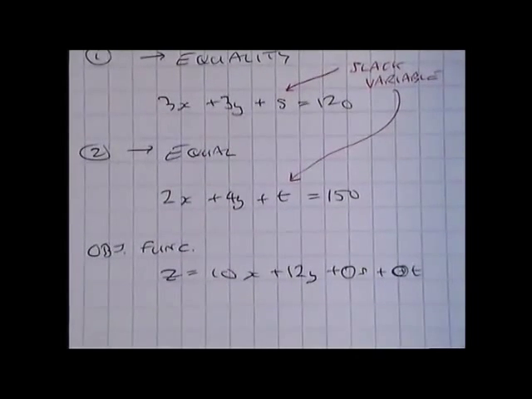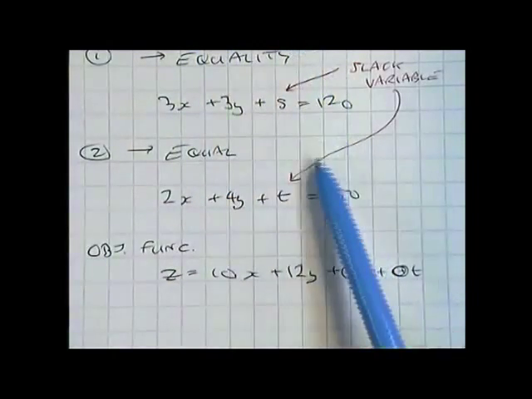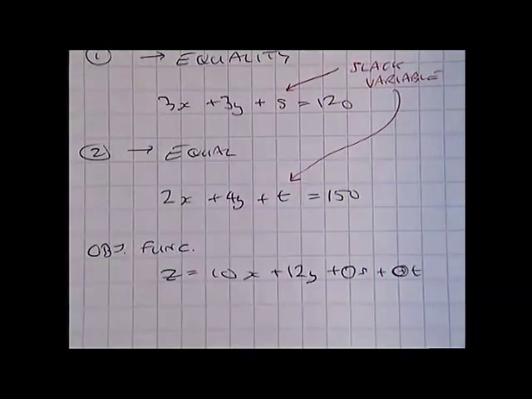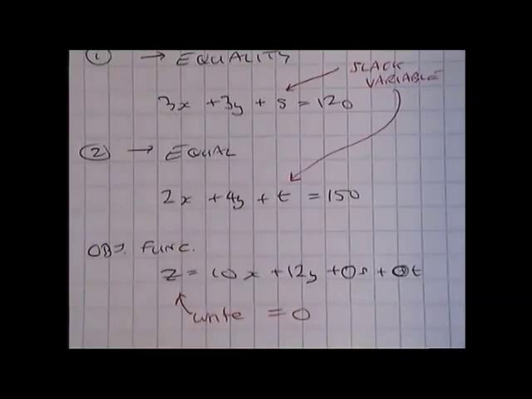Okay? And you don't really have to understand why, you just have to be able to do it for the time being. Because our constraints now are in terms of x, y, s and t, our objective function is also in terms of x, y, s and t. So we add no s's, we add no t's. But then each constraint and the objective function have all got in them x, y, s and t. Then what we do, we always rewrite this line so it equals 0.